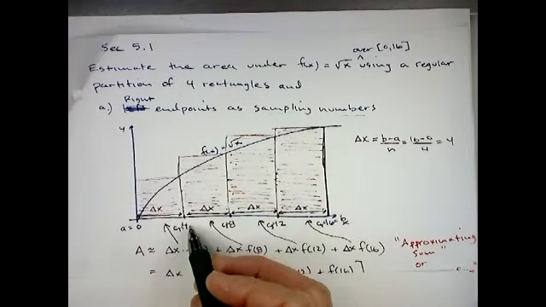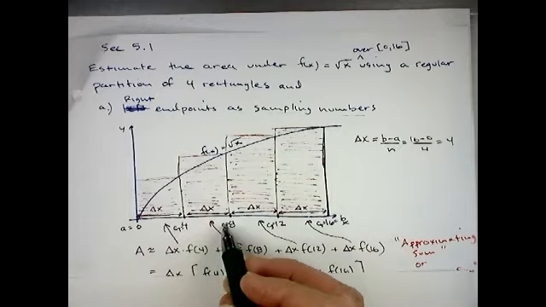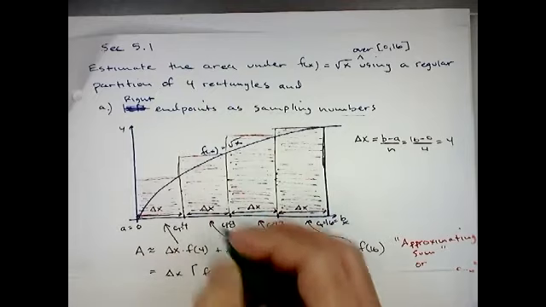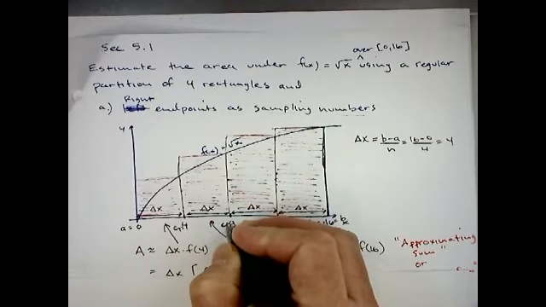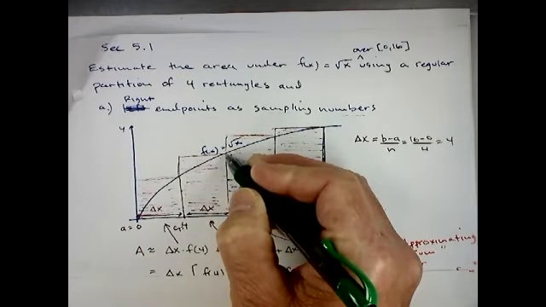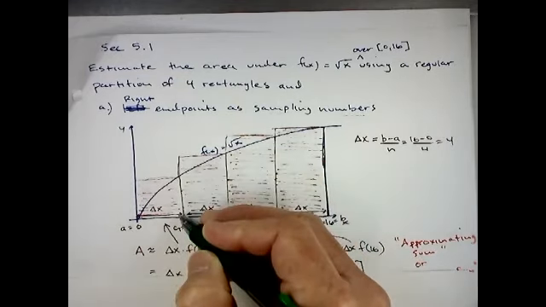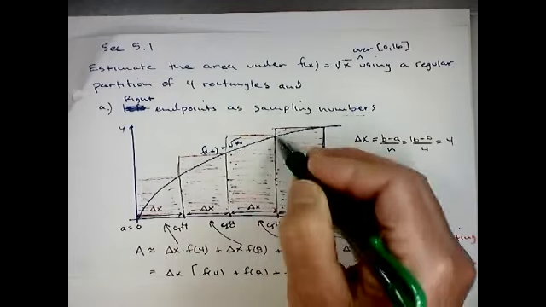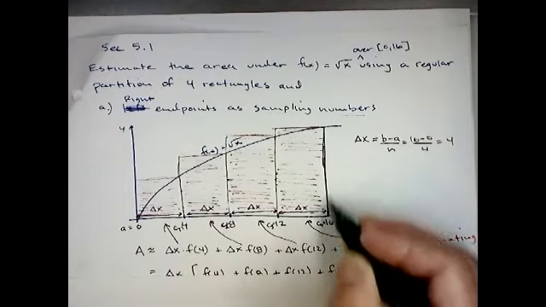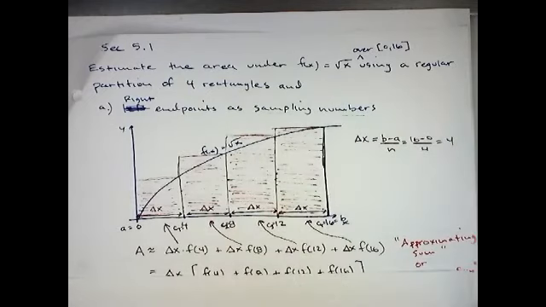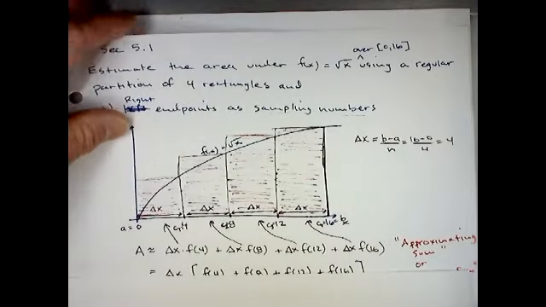For our second subinterval, between 4 and 8, we use the right endpoint as our sampling number, C sub 2. Whatever the height of the function is at that value, we make a rectangle. C sub 3 would be 12. That becomes a rectangle, and C sub 4 will be the last number, 16. We make a rectangle.